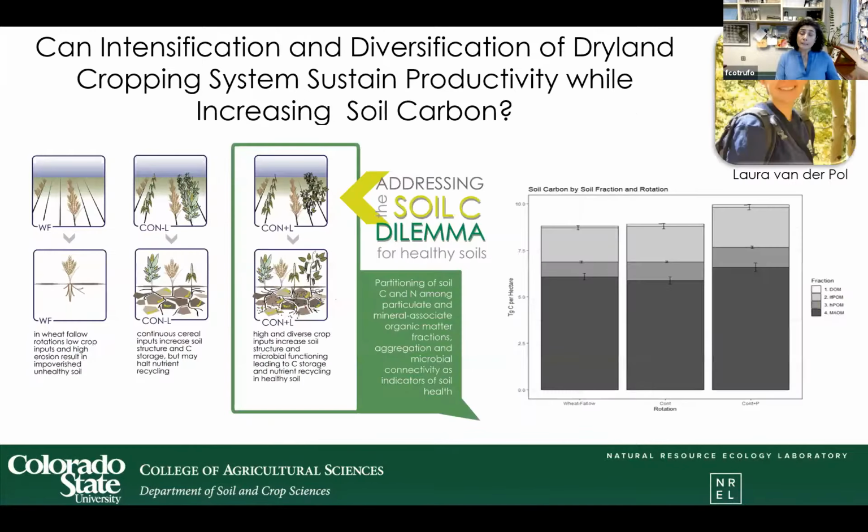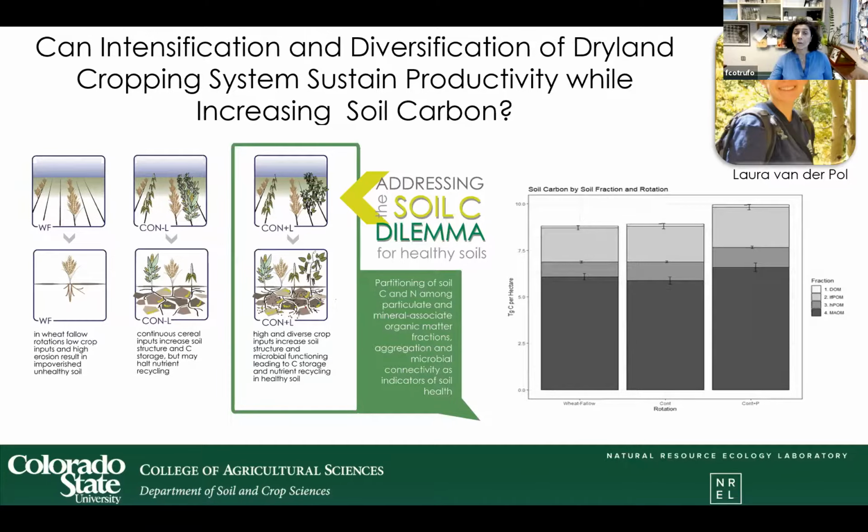In cropland, Laura van der Poel is instead looking at how intensifying and diversifying the cropping system in our region, where the control system is the wheat fallow, can help. The idea here is that if we do continuous grain rotation, you would already start improving the soils.